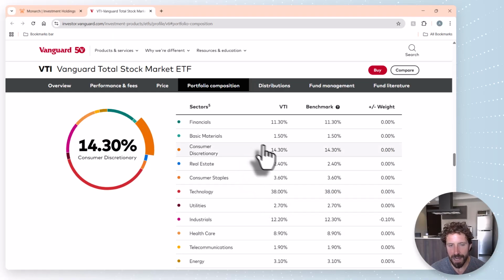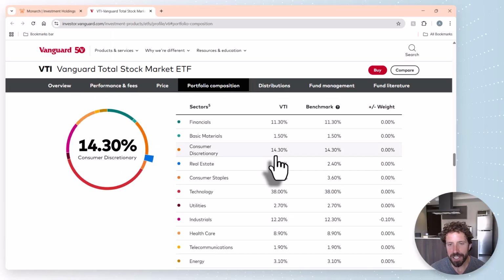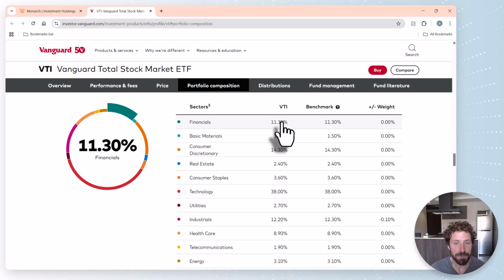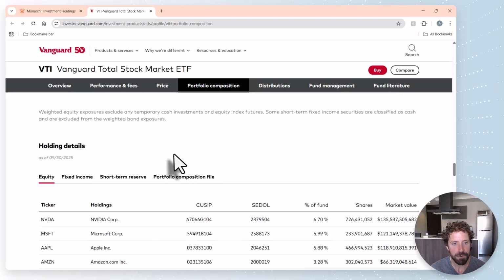But you also have consumer discretionary, which is your Walmarts of the world, and then your financials, which are your big banks. So no surprise that we see technology, consumer discretionary, and financials driving, suddenly I can't do math, about 65%, close to 70% of the overall holdings, which is pretty normal considering those 3 industries really dominate the US economy, right?